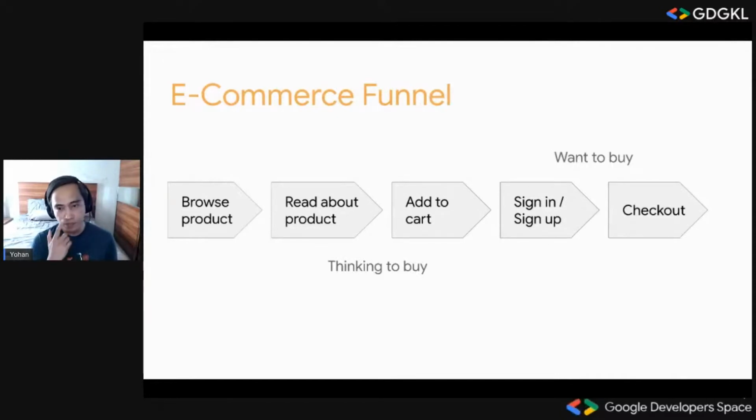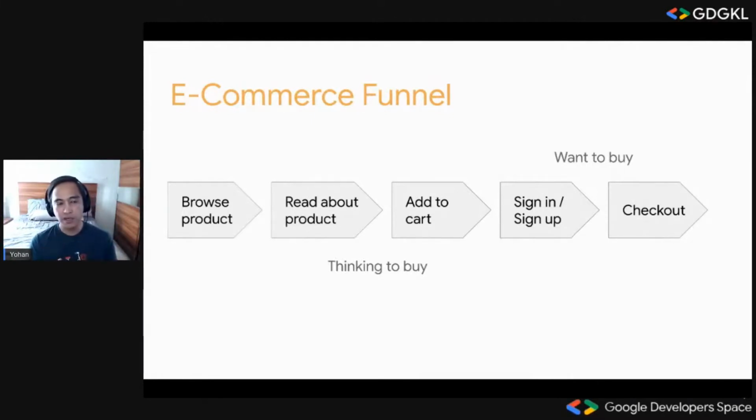As you see there, the first three steps are more about convincing the users to buy the product. Maybe the user who comes to the e-commerce website is not really thinking of buying something. They might find an ad on Instagram or social media, click it, and then land on this e-commerce website.